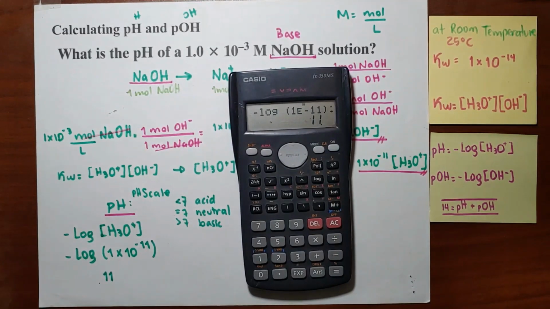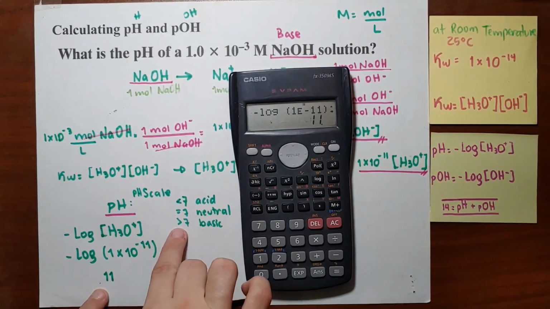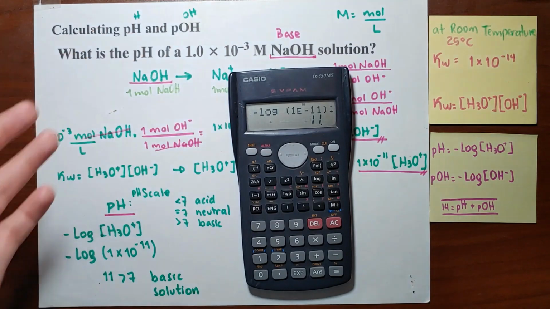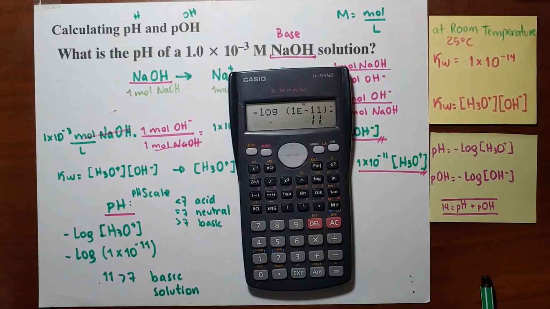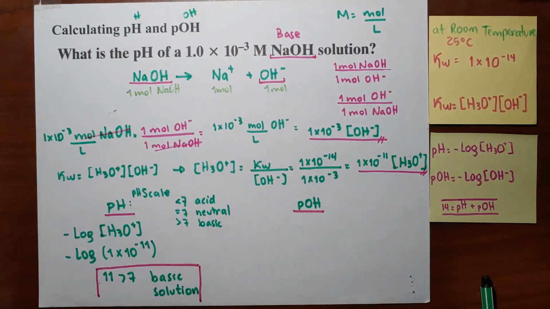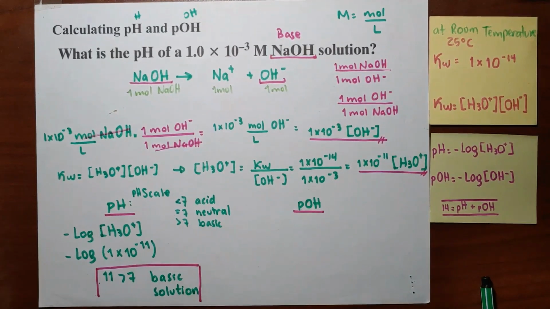Because it's 11, a number that is more than 7, we can conclude that this is a basic solution. And that is true because we have a base here, so it makes sense. And voila, that's it.